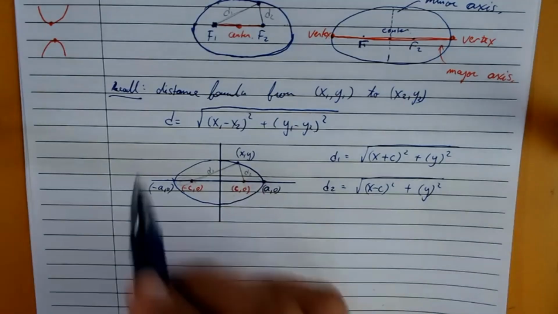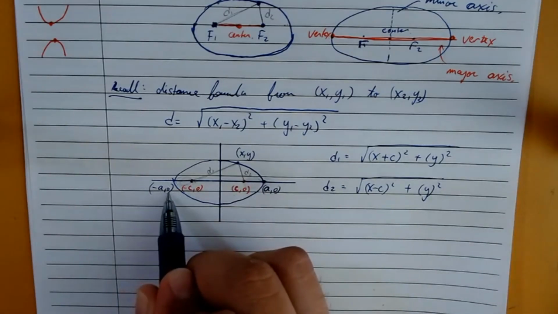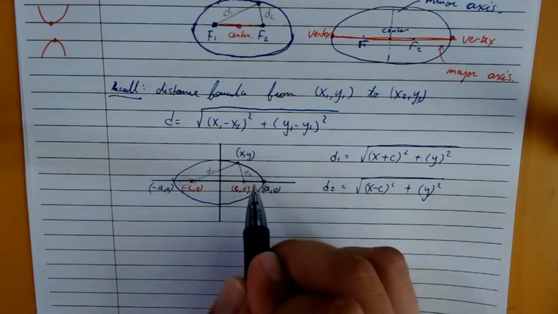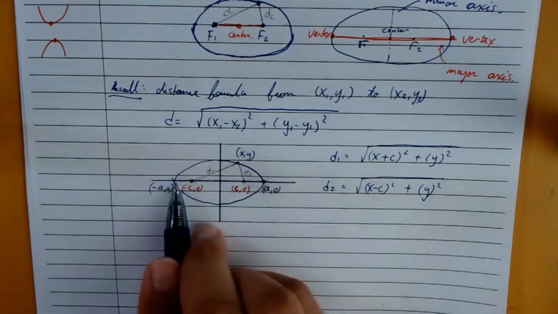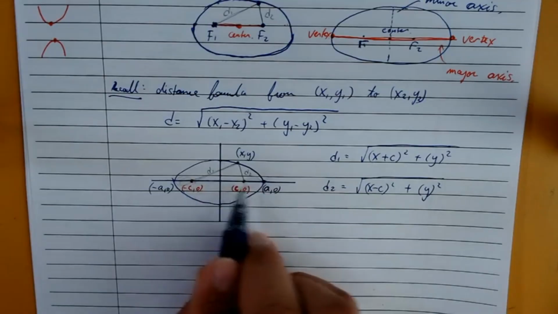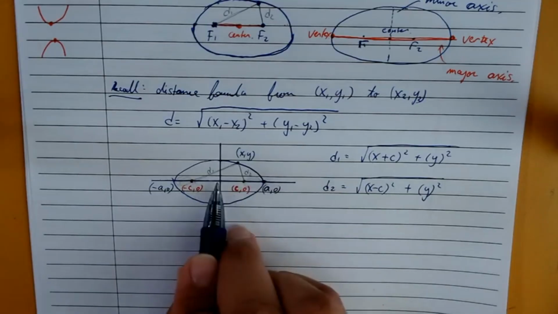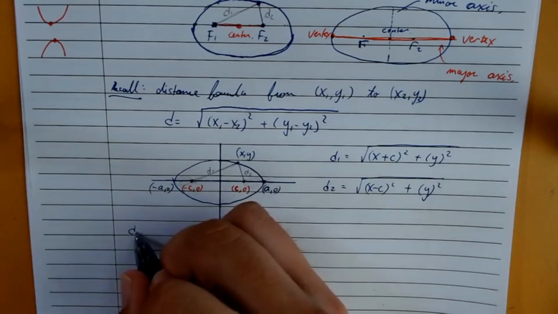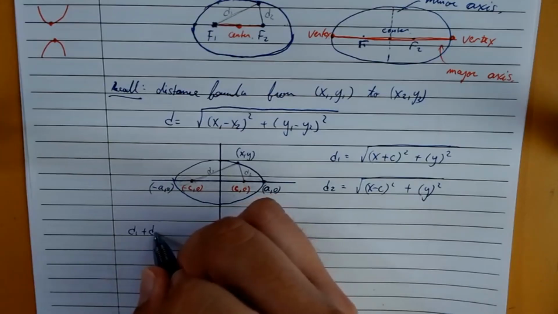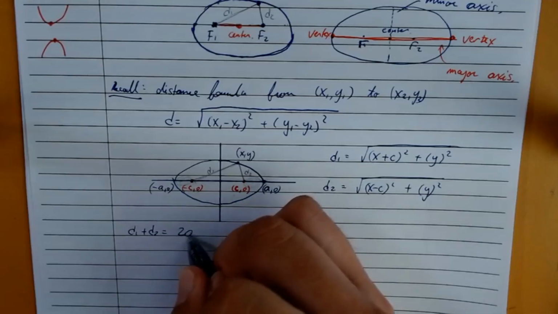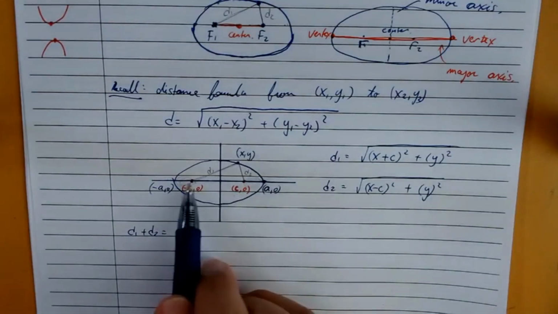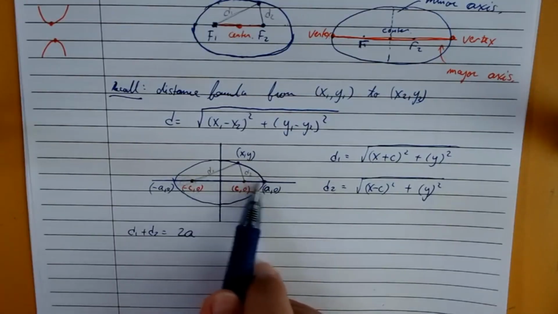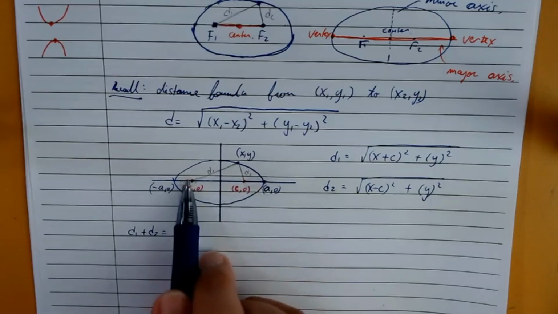So here, the distance from negative a, 0 to a, 0, that has to be the sum of d1 and d2. From 0, 0 to a, 0 is a, so all the way across would just be double that. So d1 plus d2 must equal double the value of a. If I have this distance, I call it d1, plus this little distance d2, that little d2 is the same as this back here.